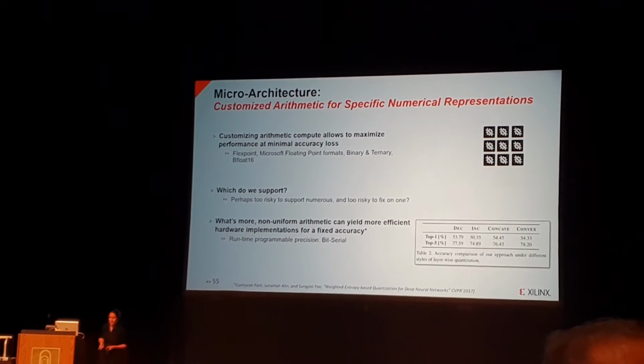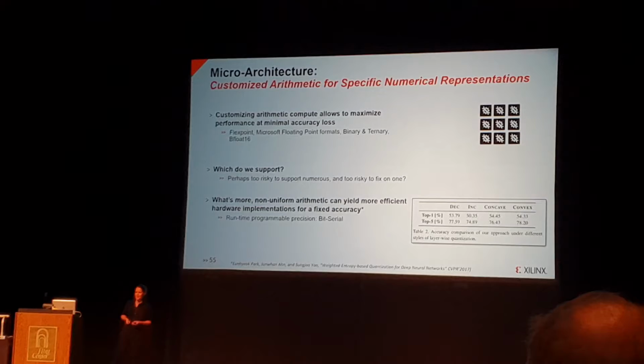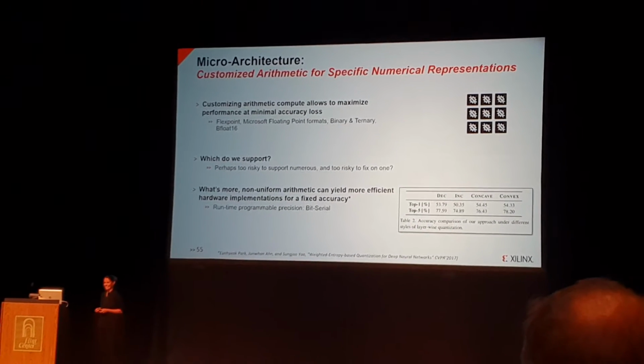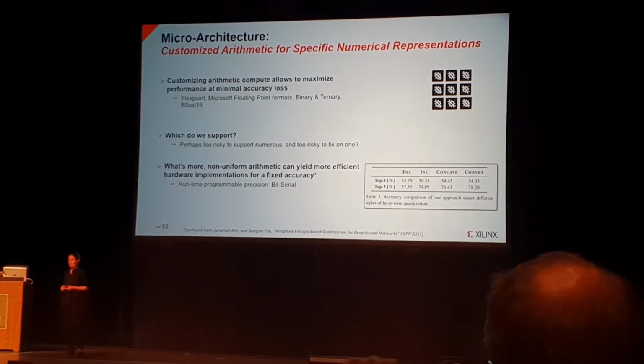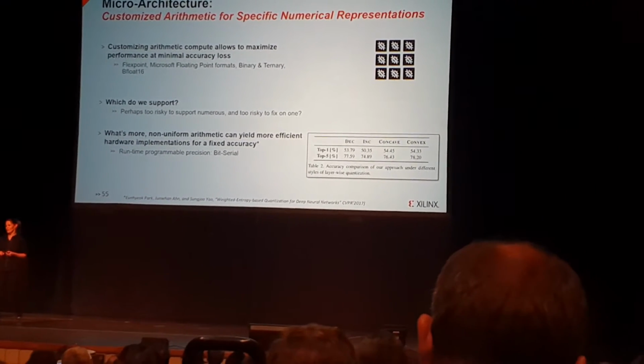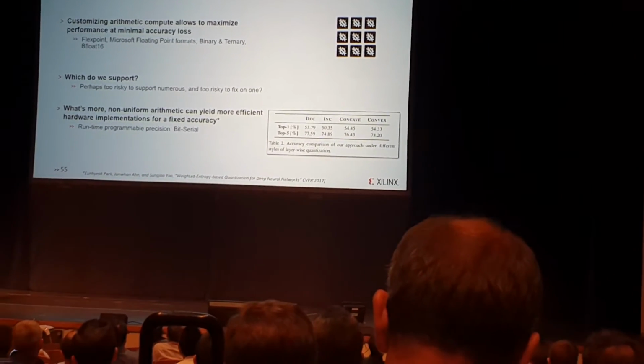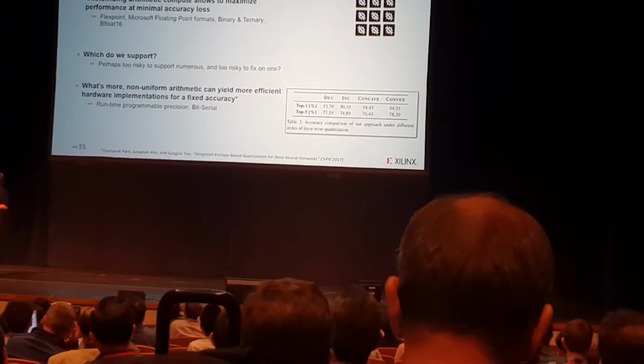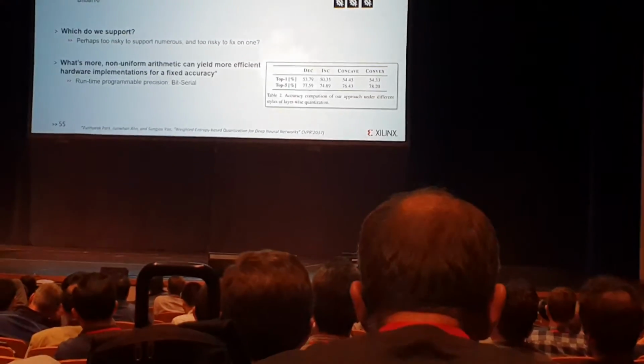So if you were to build your accelerator, which one would you support? These are really hard decisions, right? Because you can't support many of them, it's too costly and you lose your efficiency. And if you fix for one specific one, it's pretty risky. There's a choice to be made.